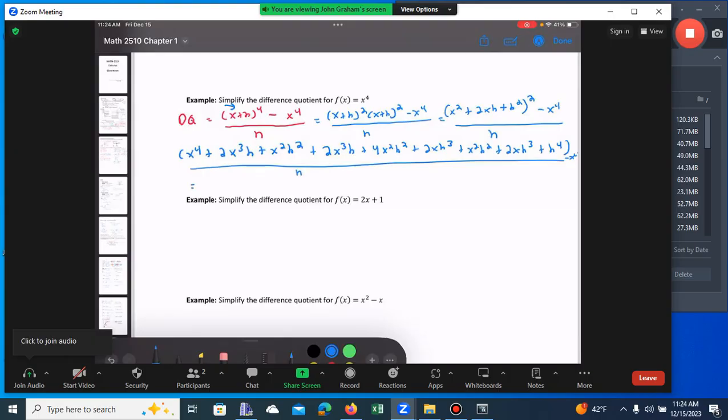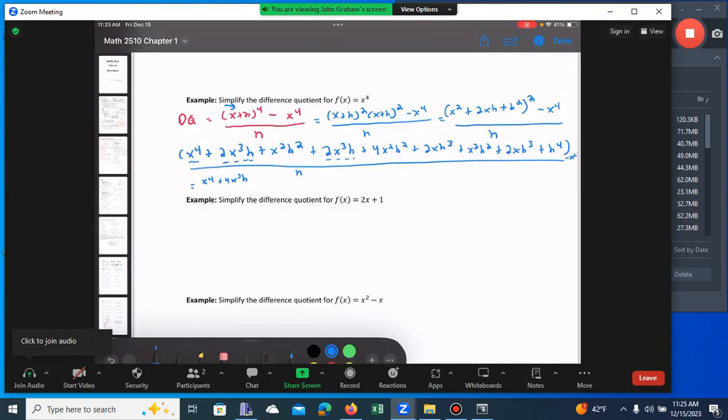All right, so we can put all this together. X to the fourth, that's that one. 2x cubed h and 2x cubed h is 4x cubed h. That's this one and this one.